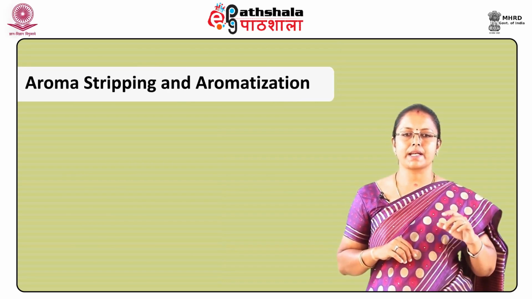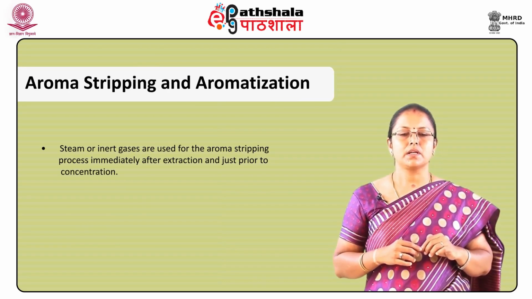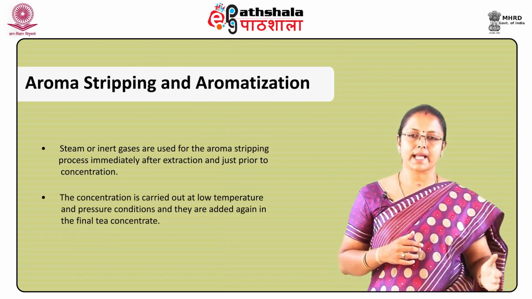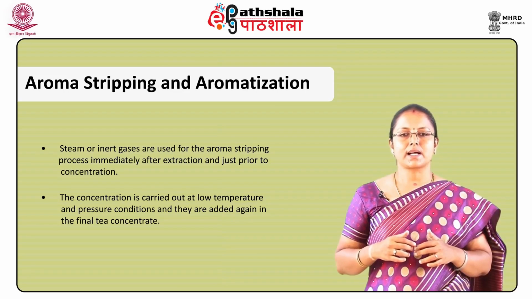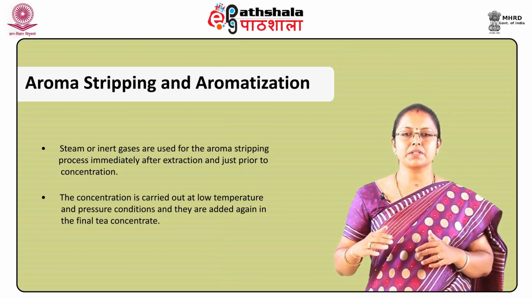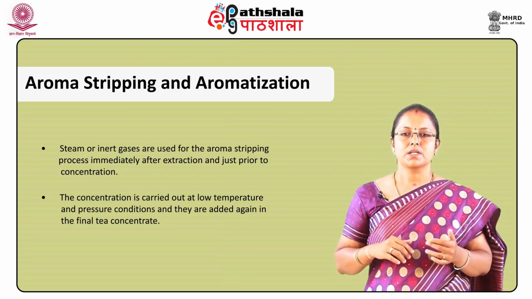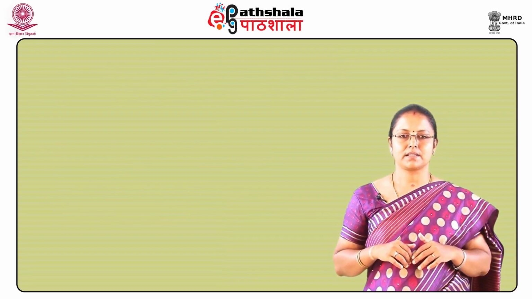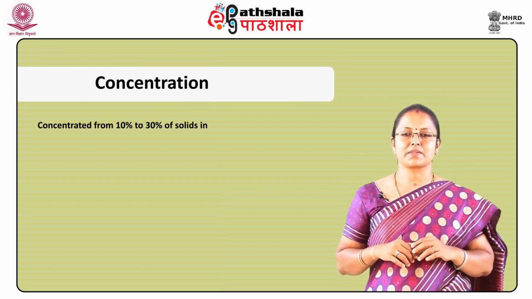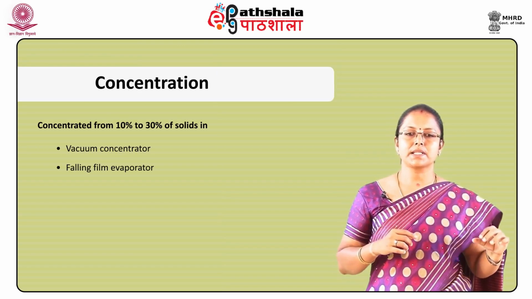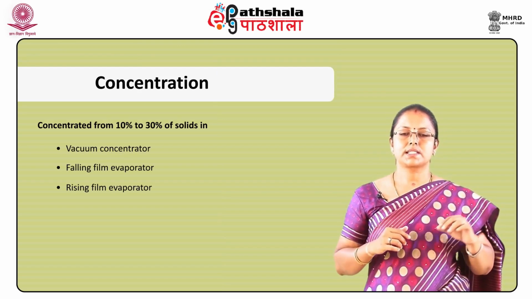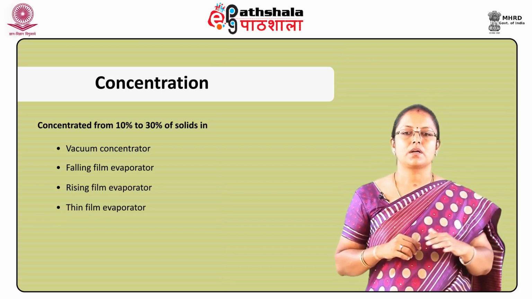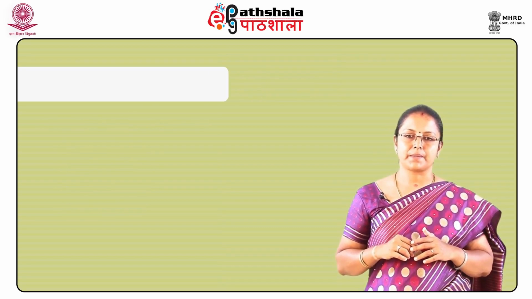Aroma stripping is carried out immediately after extraction and before concentration with either steam or inert gas. The volatiles are concentrated under low temperature and pressure conditions so that they can be added back to the final product. Concentration of the extract from 10% to 30% level of solids is done using a vacuum concentrator or a falling film or a rising film evaporator.